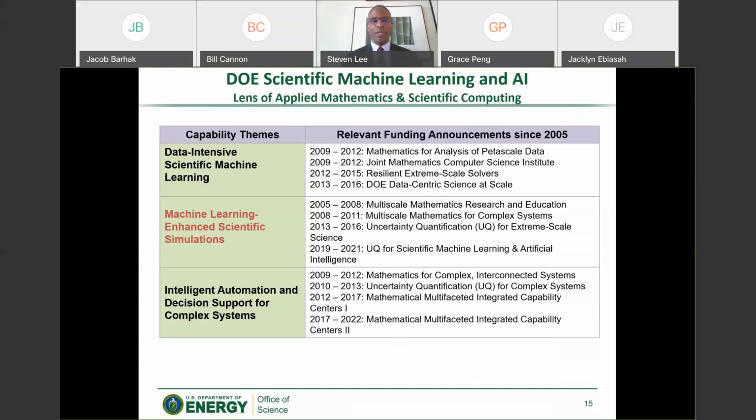We also funded people with uncertainty quantification for doing machine learning and extreme scale science. But not only that, but the other areas, data-intensive science, machine learning, again, we supported research in that area since 2009, 2 years ago. And for the third use case, intelligent automation, again, past 2 years, we've been funding people to do that. So the short story there is that the pump is primed for people who want to look at the mathematical foundations for making more robust, domain-aware, and interpretable machine learning approaches. And we really think that's a key enabler for doing science across the DOE mission.